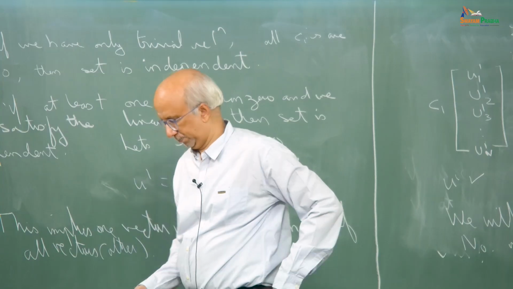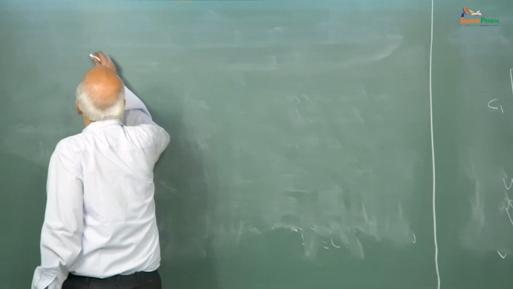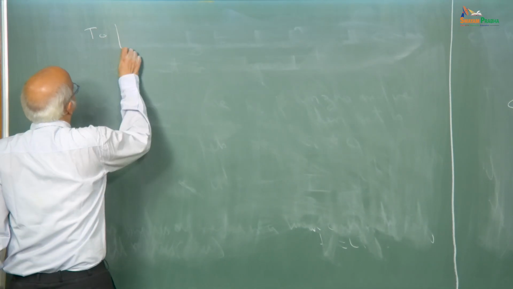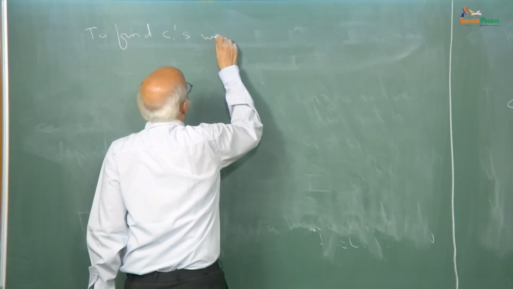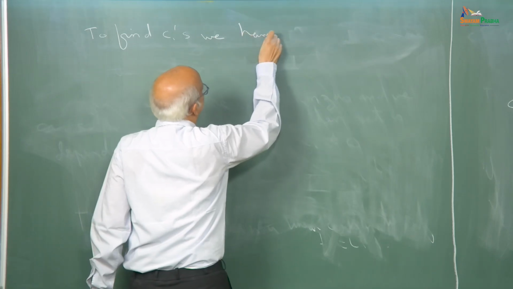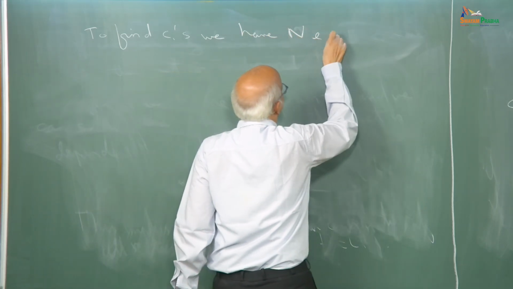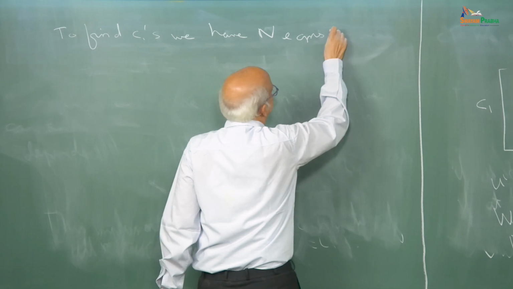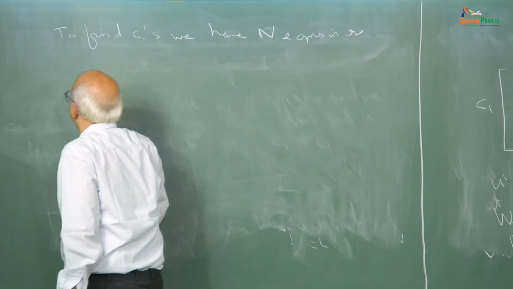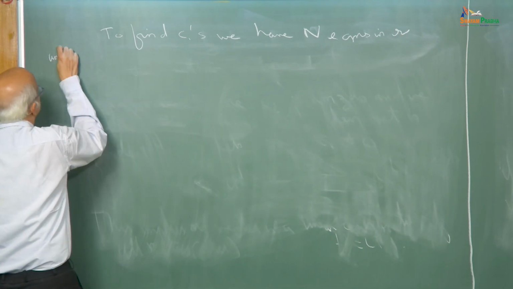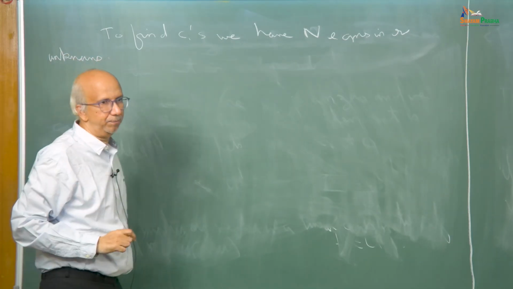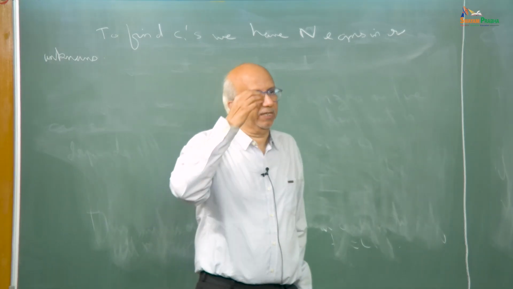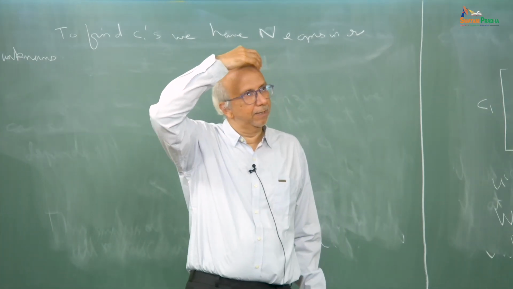So, to find the Ci's, we have n equations in R unknowns.